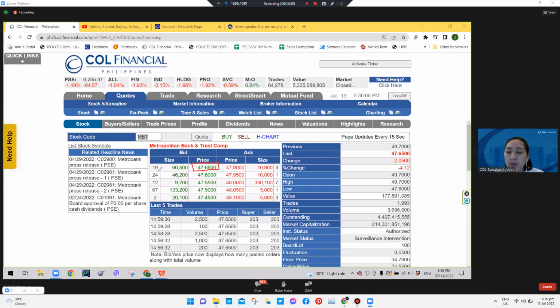So you will be number 20 here. Because how it happens in the stock market is that you will fall in line by price and then first come, first serve. Okay? So you can post a price at 47.65, but you have to fall in line after these 19 investors. So you have to wait for a seller to sell it to you at that price. So there is no guarantee, but you can wait for it the whole time.